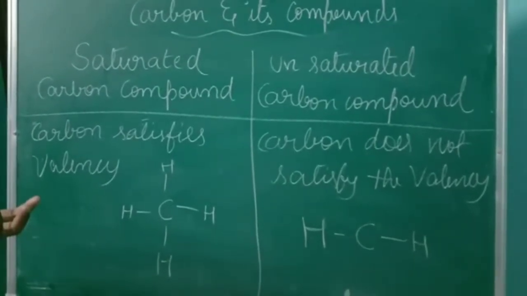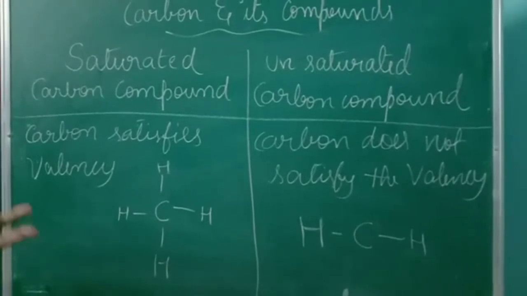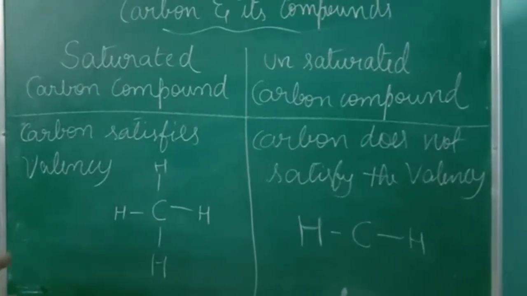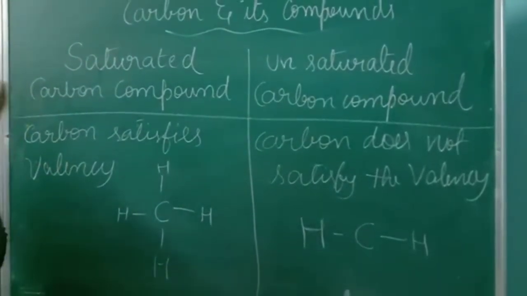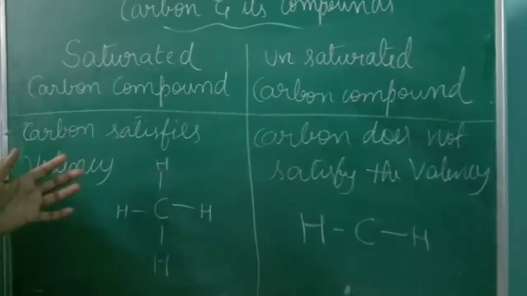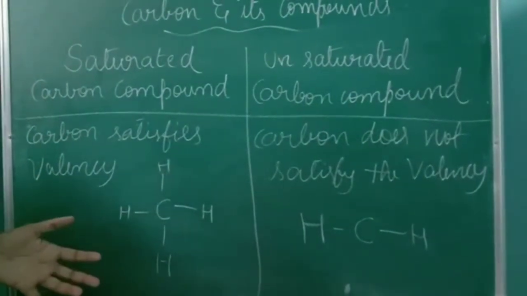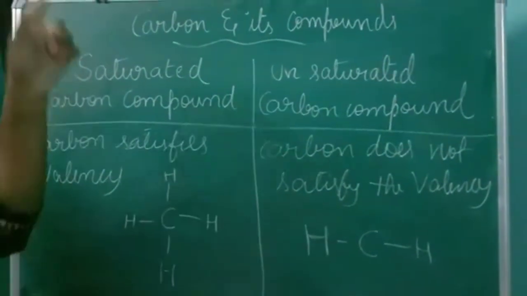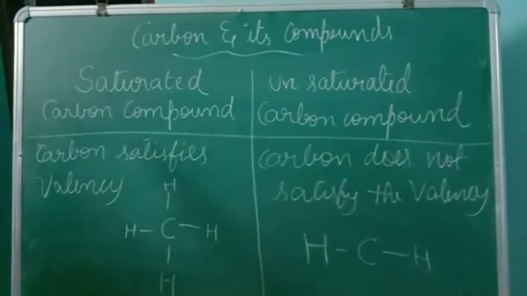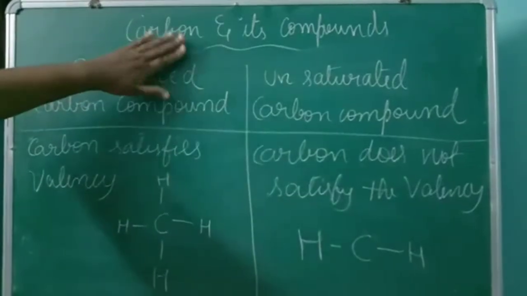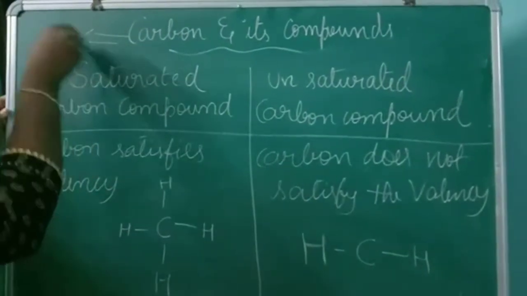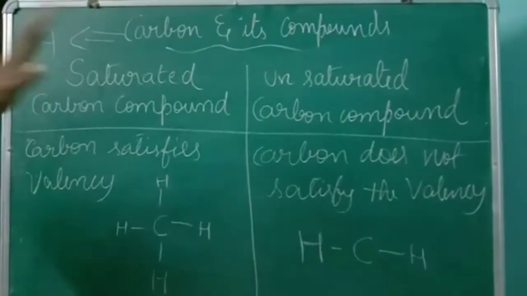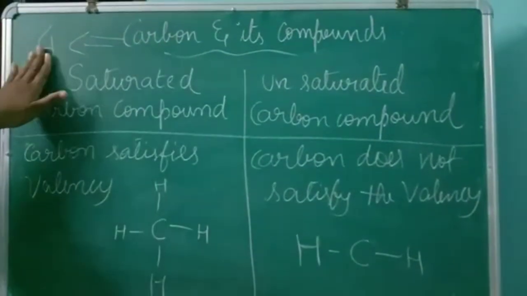But I don't know how many of you remember right now. So I will tell you what valency is. Valency means the total number of electrons present in the outermost orbit of an atom. Now the carbon's valency number is 4. Always remember, the carbon's valency is 4.